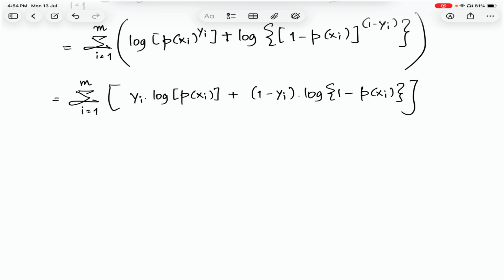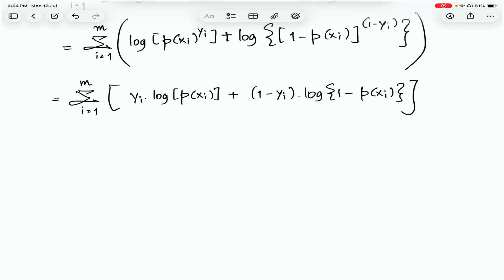So we have this. So substituting that back here, we get 1 over 1 plus exponential negative z, where z is theta 0 plus theta 1 of xi.